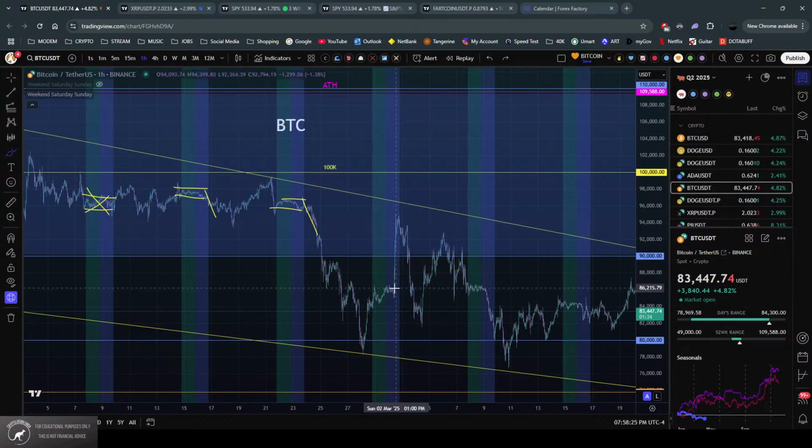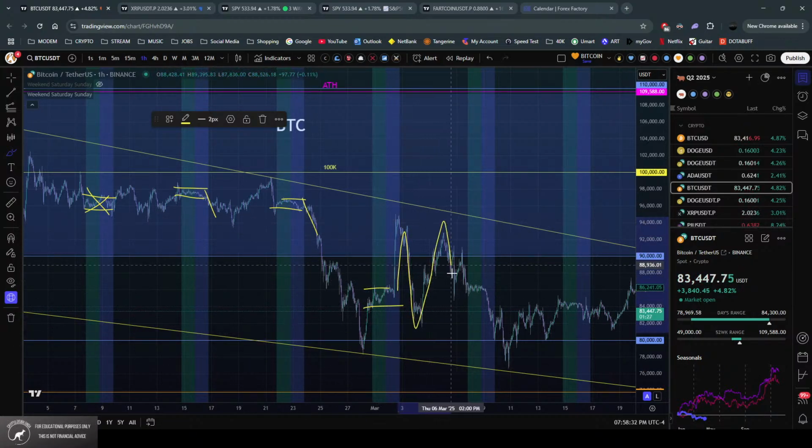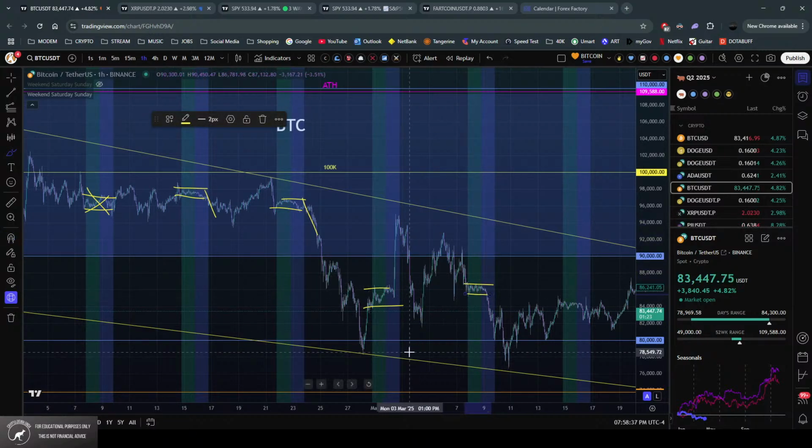But yeah, once again, Saturday, short, tight range compared to the week. The week is where the action happens, the weekdays. Weekends, flat, especially Saturday.